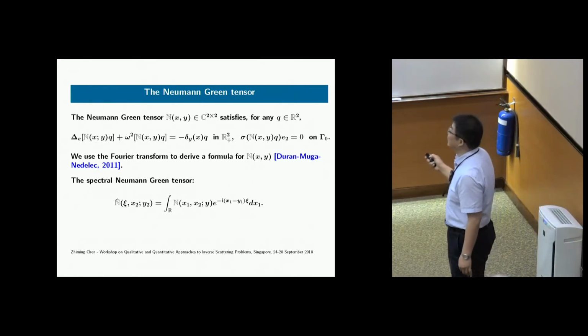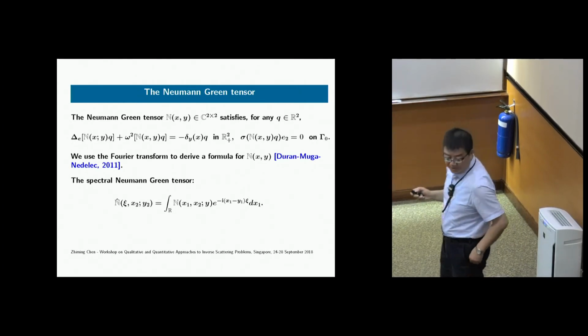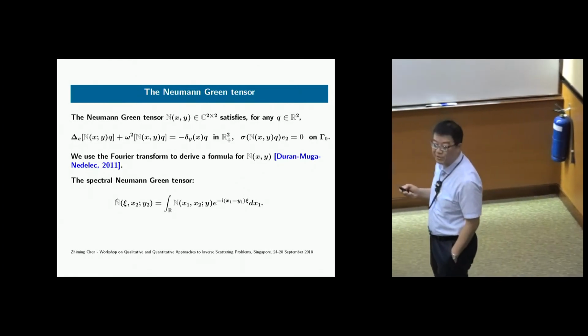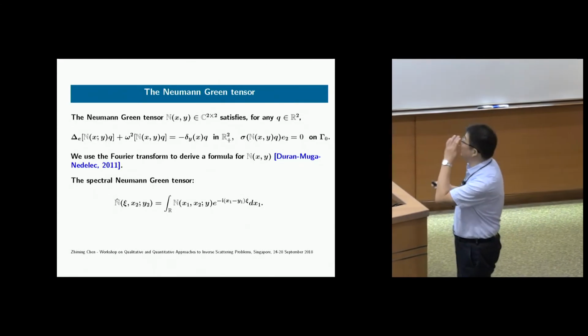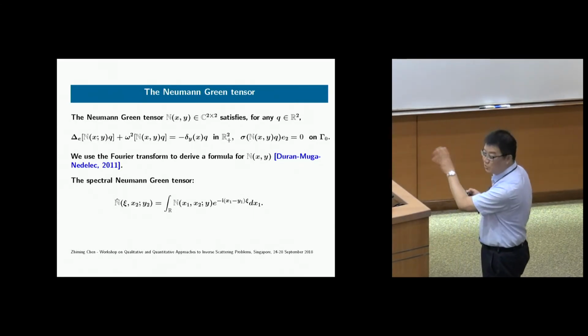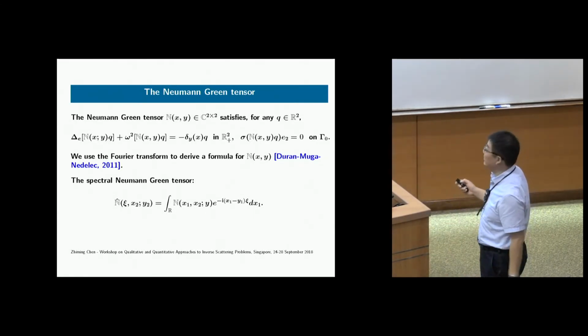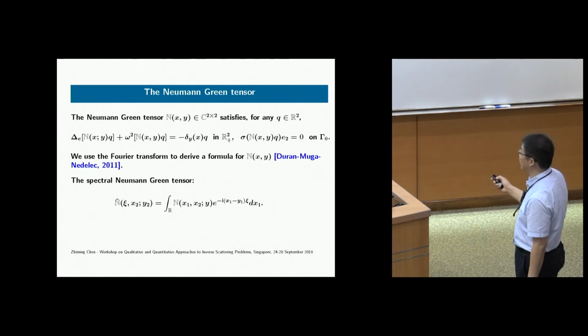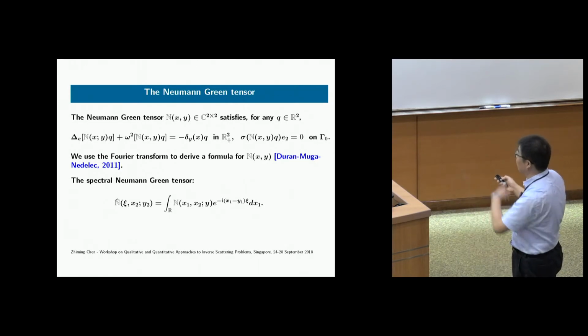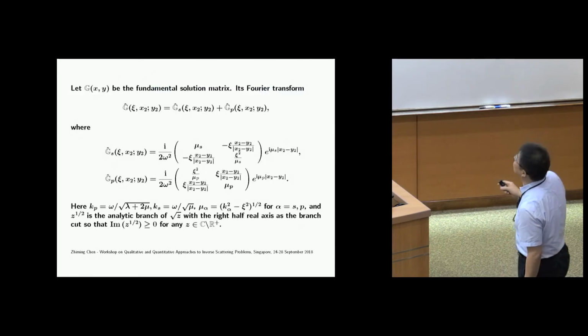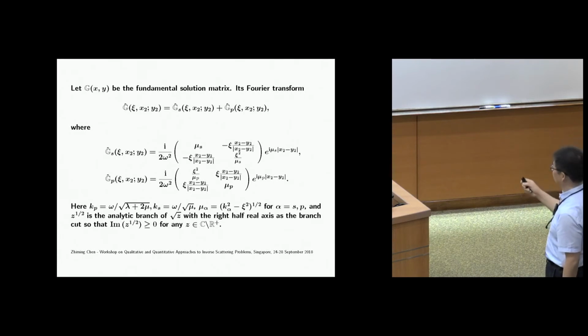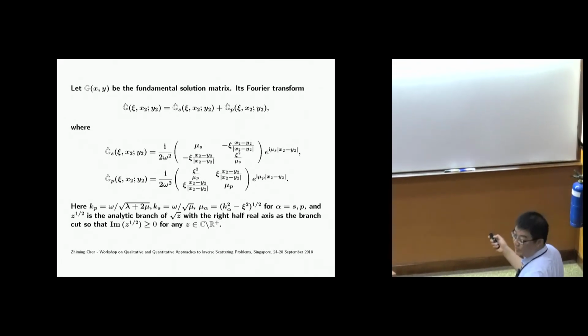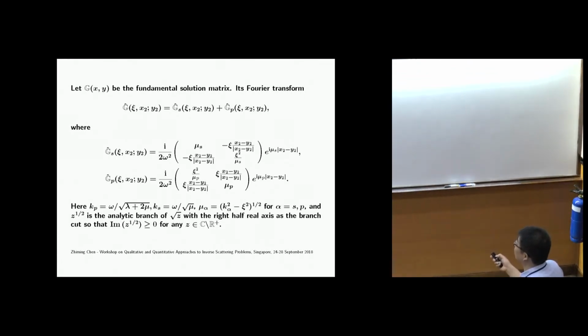And now we find a new, simpler formula for this one, because it could be very complicated. Let me show you how to do this. We take the Fourier transform in the x1 direction, and you get the spectral Neumann-Green tensor. This is the fundamental solution. You can do similar things starting with the fundamental solutions.